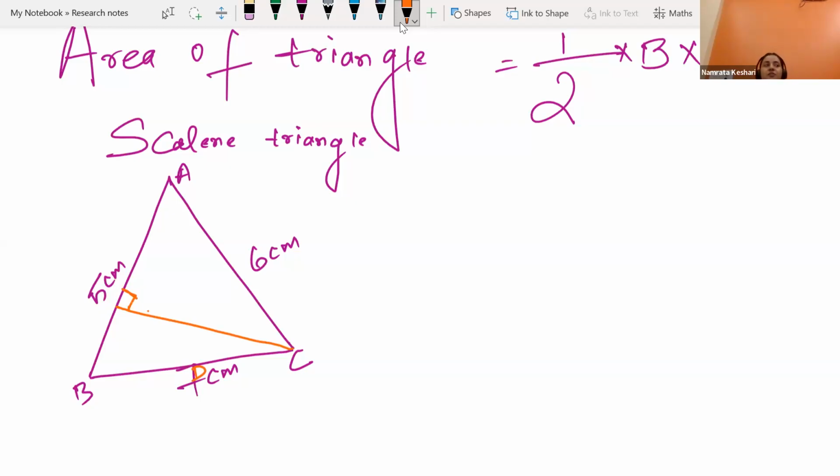Now here, since we started the discussion out of the box, let me tell you a few out of the box concepts. There also exists such a triangle. Let me draw it, just a second.